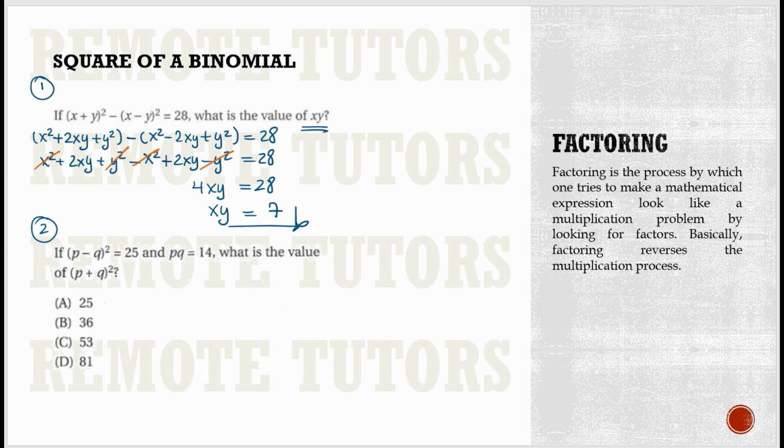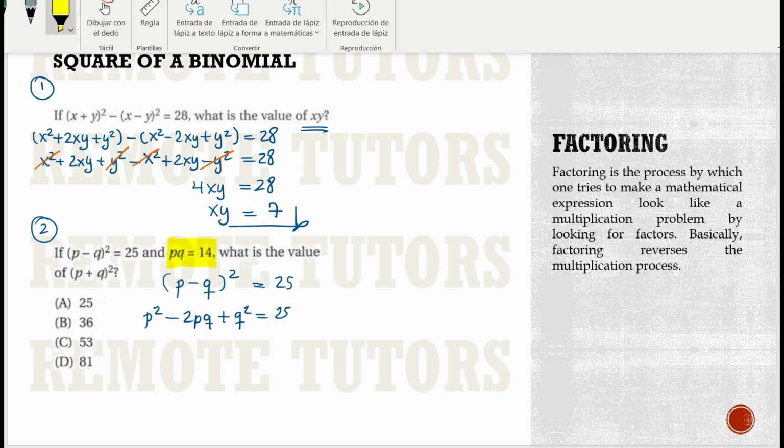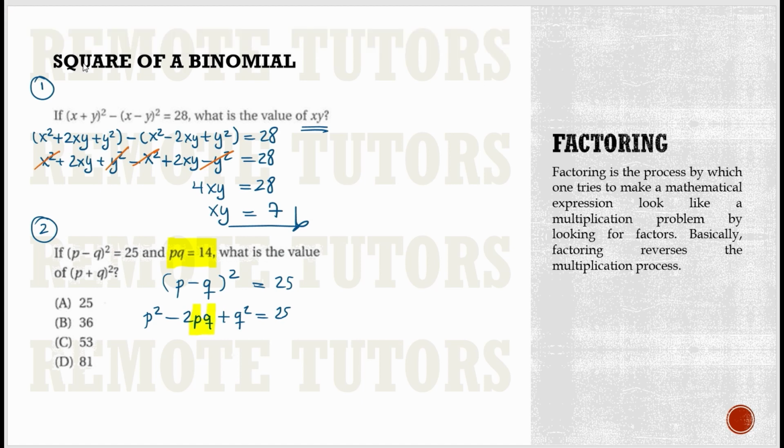Now let's see example number 2. We're told that (p minus q) to the power of 2 is 25. If we apply the formula, p squared minus 2 times pq plus q squared is 25. Don't forget that the value of pq is 14, so we will substitute that here.